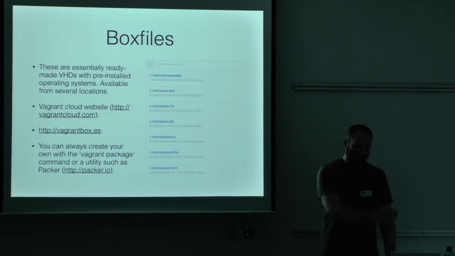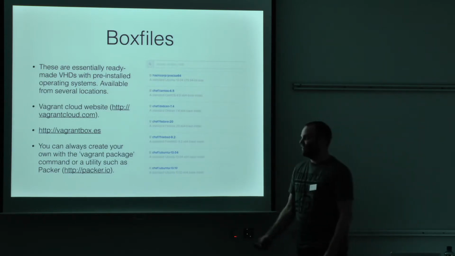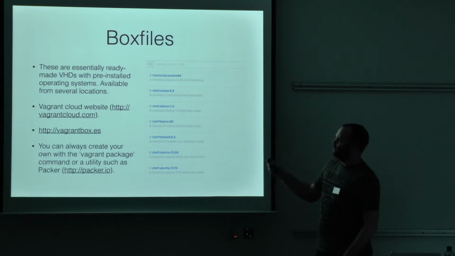It contains the operating system you've installed onto the box, any files you save to it, anything else. So a VHD file is just an image of a hard disk that would be used by a virtual machine. And these Vagrant box files are just VHDs with pre-installed operating systems and a couple of other small things that you don't really have to worry about. It takes all that away.